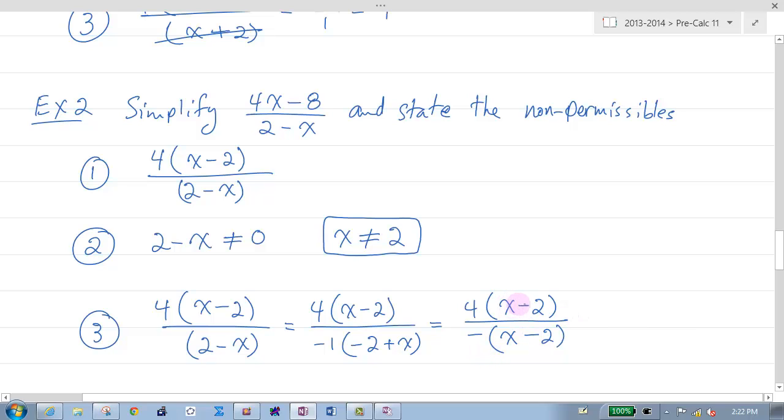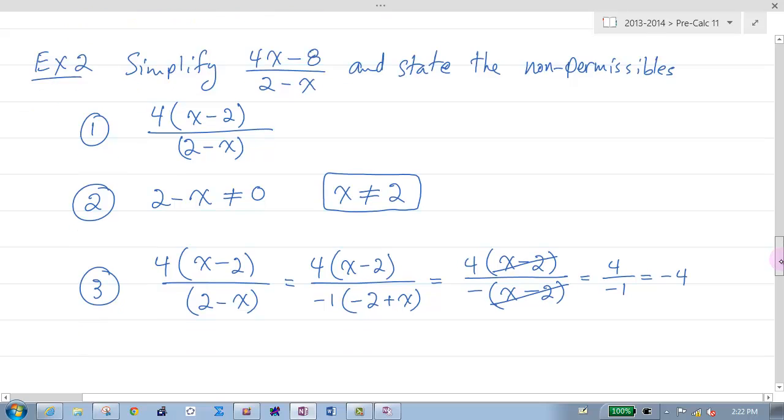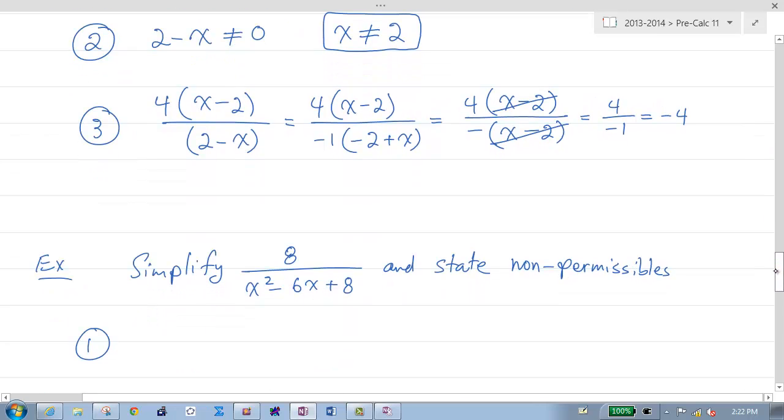Now you go, okay, x minus 2 is common between the numerator and the denominator, so I can cancel it out. So this becomes 4 divided by -1, which is equal to -4. Fair enough? So factoring it out is something that gave me a way out.